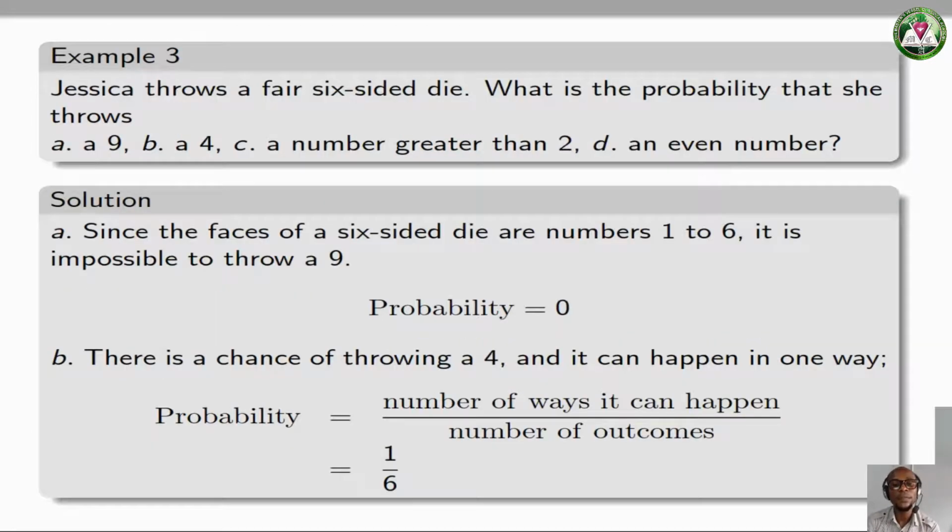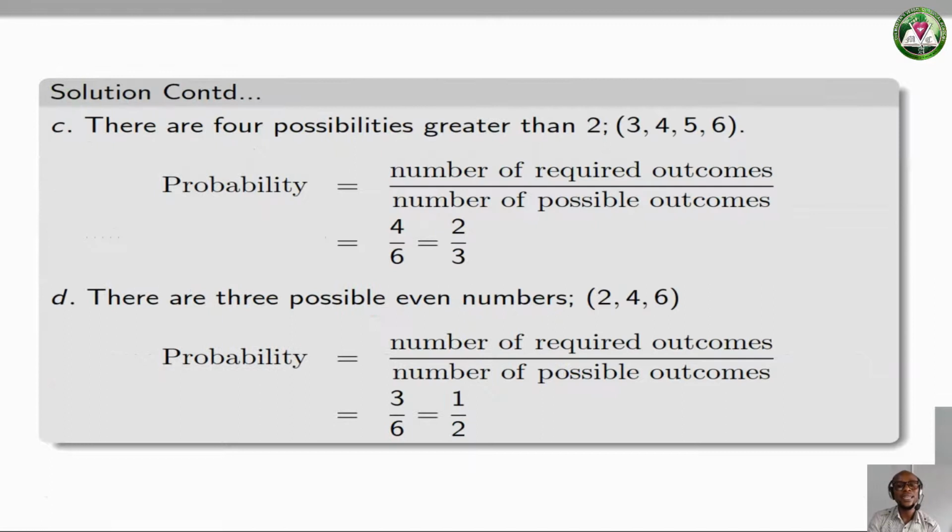The next question is the probability that she throws a number greater than 2. Now, remember what we talked about when we learned inequalities, where we talked about the greater than, the less than, greater than or equal to, and all that. The question asks us to find the probability that she throws a number greater than 2.